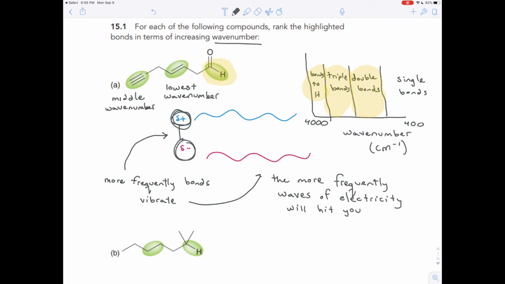That would vibrate the most frequently, so it would have the highest frequency and therefore the highest wave number. And so the meaning behind all of this is that, of the three bonds highlighted in green here, this bond would vibrate the least frequently, this bond would vibrate the next most frequently, and this bond would vibrate the most frequently.